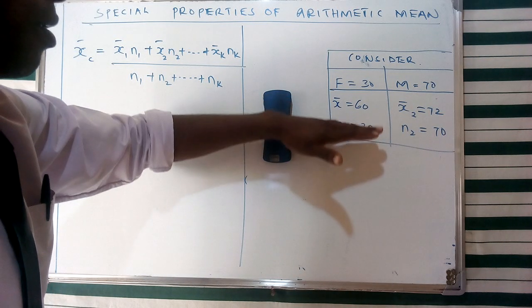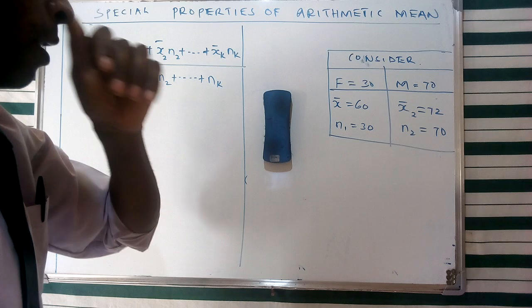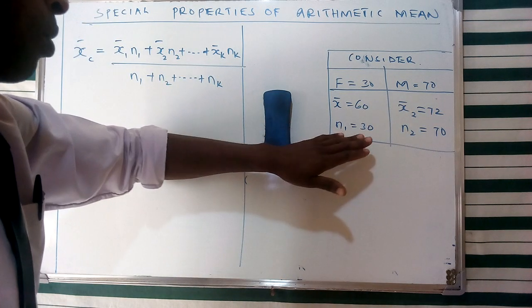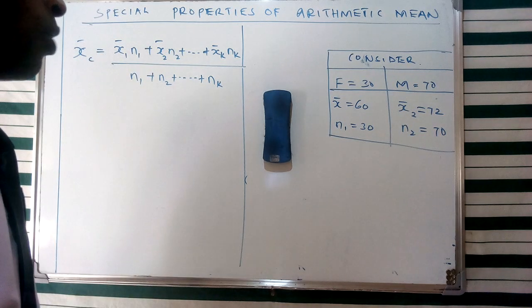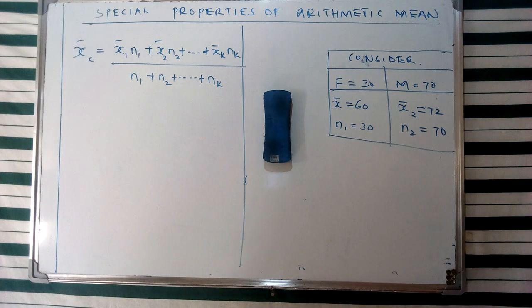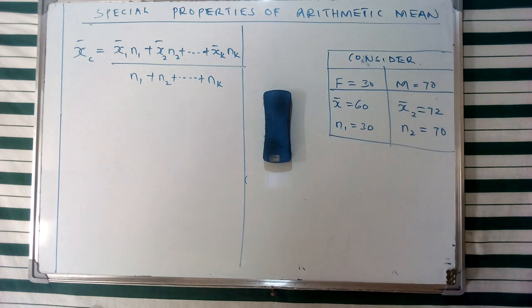Therefore, we're going to consider these two sets of data, the two averages and the two numbers of observations, 30 and 70, in trying to compute what we refer to as the combined mean. And in this case, we are going to use our general formula.